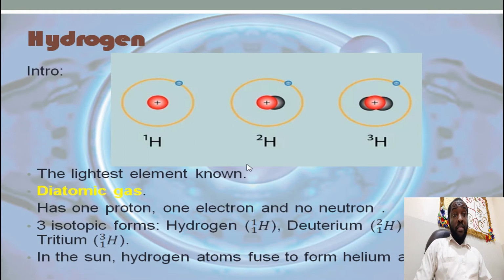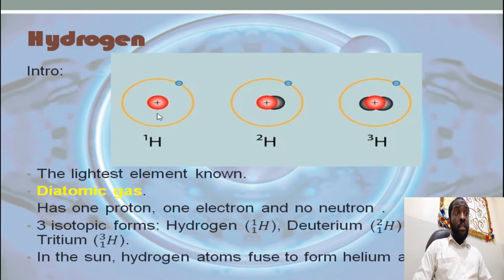The first being protium, generally known as hydrogen. This isotope, protium, has one proton and one electron. It has no neutron, and that is what makes it a unique isotope.